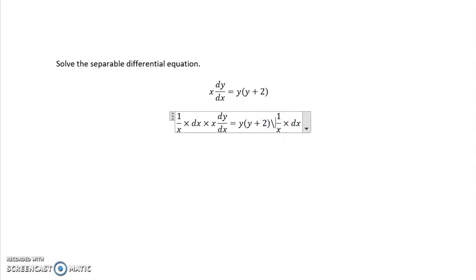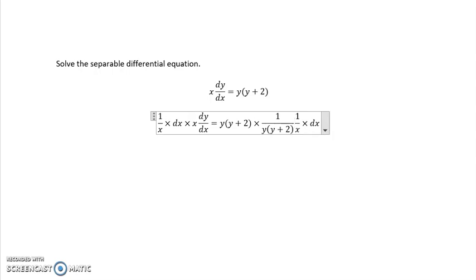And then we're also going to divide by y and y plus 2 on both sides. And so we're also going to multiply these over here.